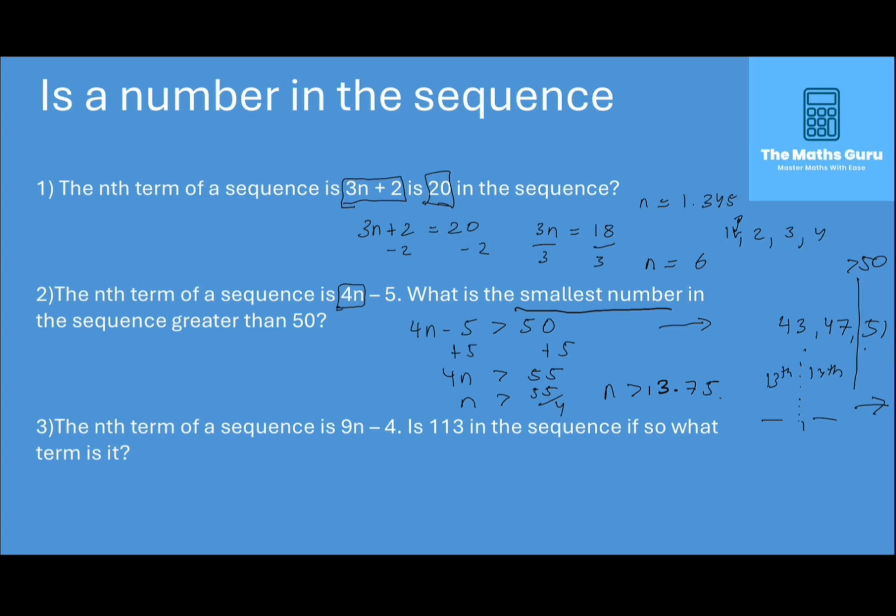So we know that the smallest number where the sequence is greater than 50 will be our 14th term, because at this point it's less than 50, and then it hits 50 at this line, 13.75, and we know that from this point on it's greater than 50.